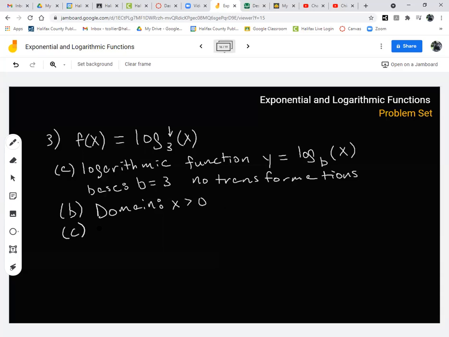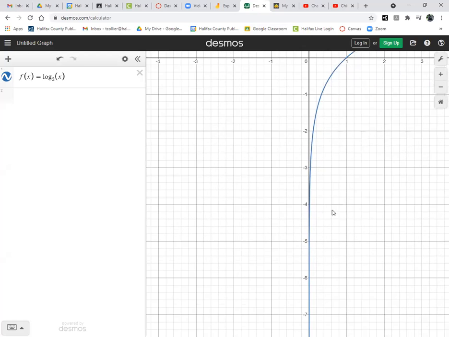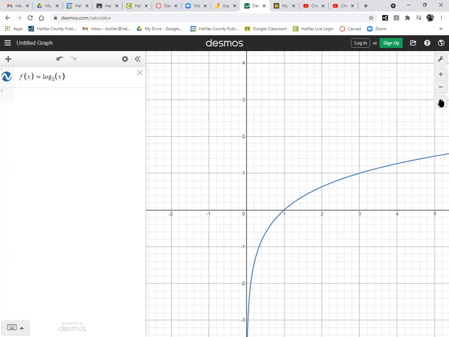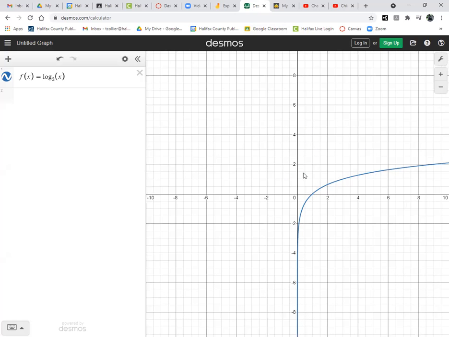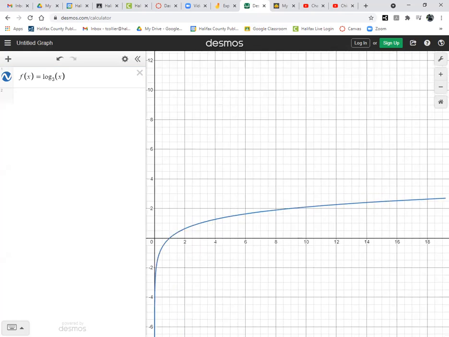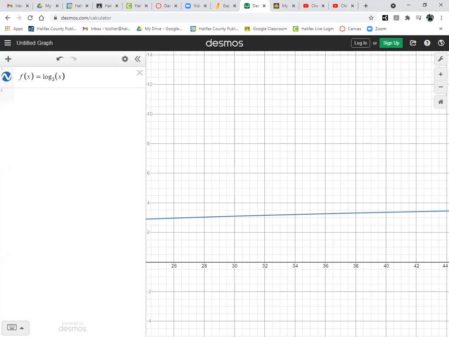What about the range? What y values does the function take up? Let's take a look at it. The function is going to go all the way down to -infinity on the y-axis. We can just kind of drag the function and see that it's never going to stop. On the other hand, does it go all the way up to +infinity on the y-axis? In fact, it does, because if you keep on going to the right, and I'll kind of pan on over to the right here, the function is going to keep on going up.